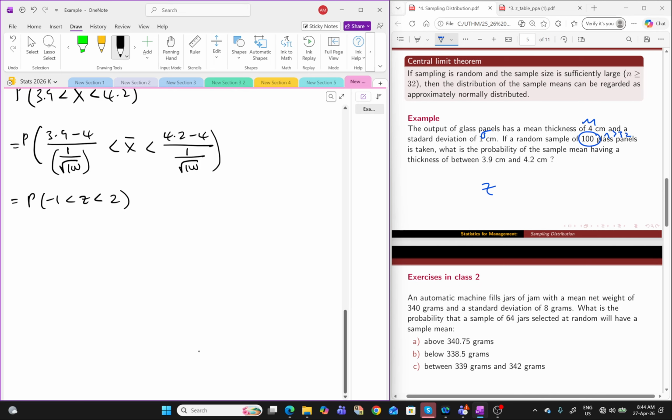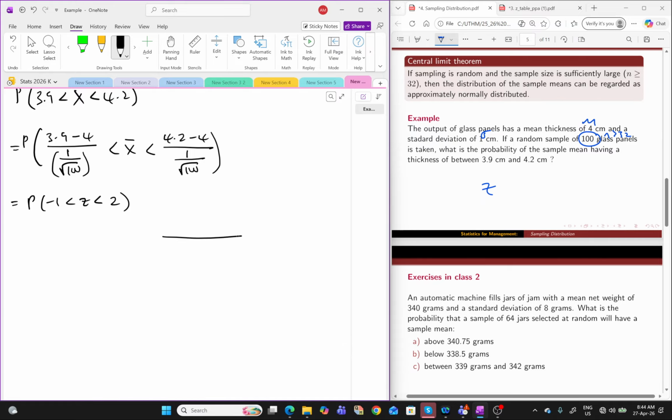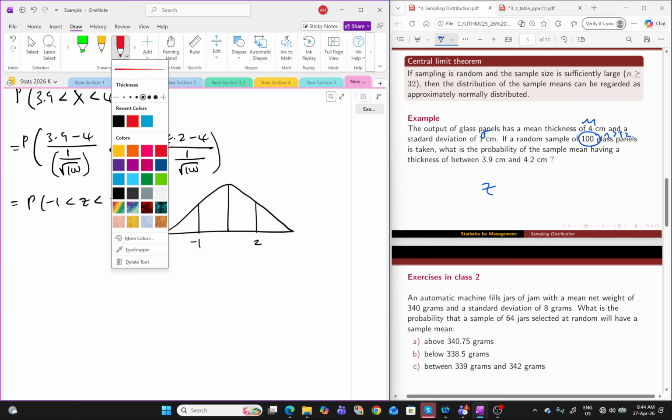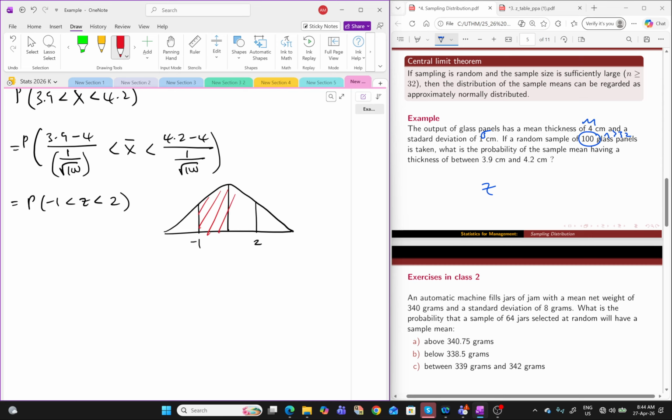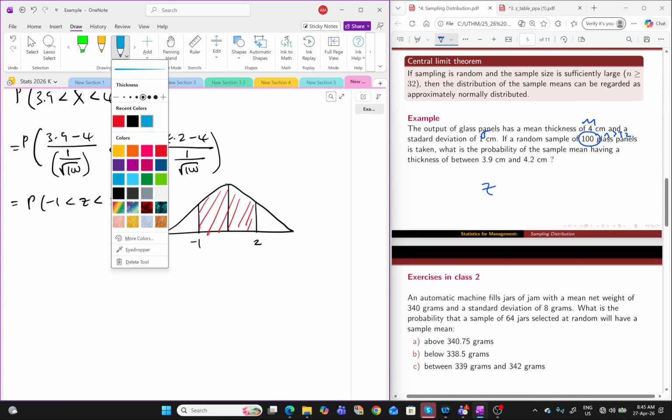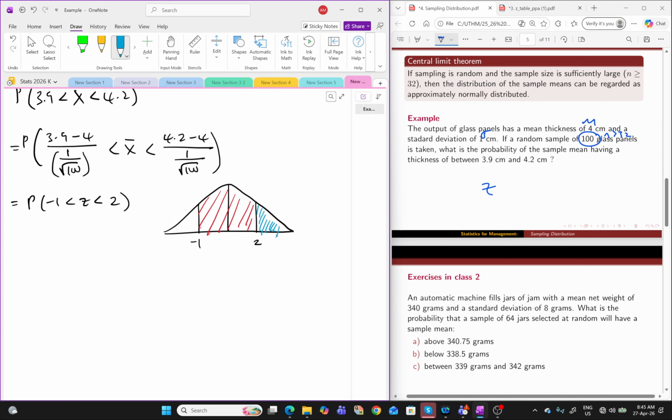If you draw this, you need the region in between -1 and 2. Okay, so what you have to do, you have to find the blue color region and minus from 1.